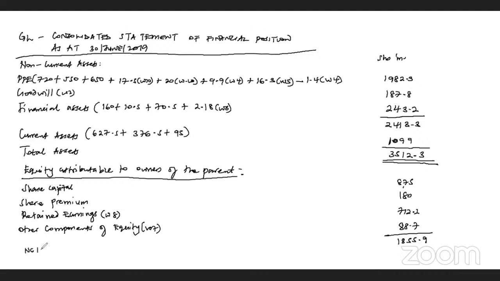Then you bring your NCI. This is from working 9. Our working 9 shows 503.9. Then we get total equity of 2359.8.